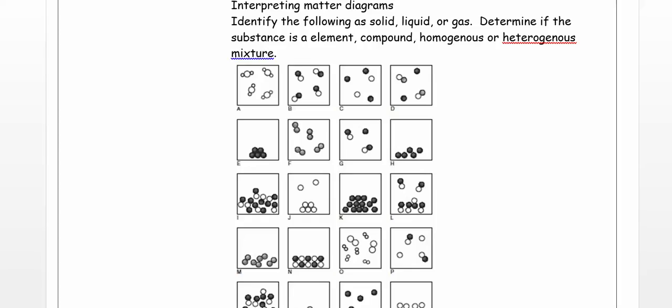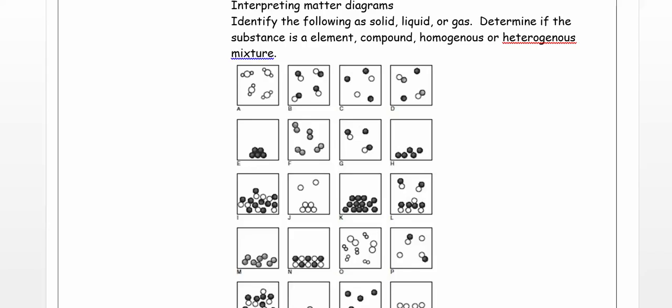Now, look at this one right here, H. H is towards the bottom of the container, but it's not in that very structured lattice formation. So I would think this would be a gas. So I would call all the ones in the first row certainly gases. This is a solid, and it's not always clear cut, but this is a solid, this is a liquid, and the two center, the F and the G, I would say are gases, right?